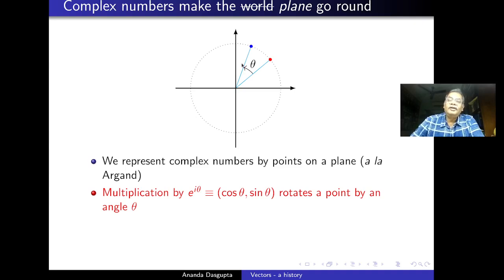And so, what happens is this angle phi becomes phi plus theta. The point gets rotated through an angle theta. So, every point in a plane can be turned around simply by multiplication by a phase factor e to the power i theta, and that's going to cause a rotation through an angle theta.